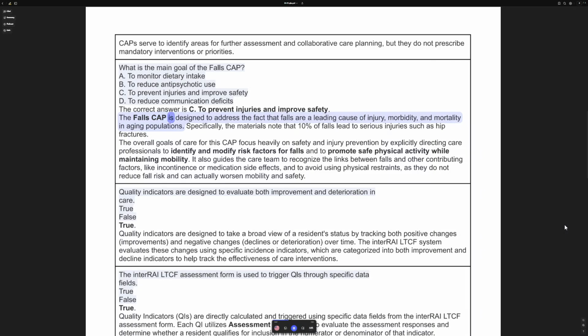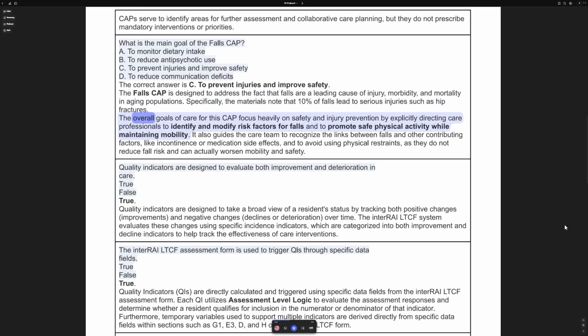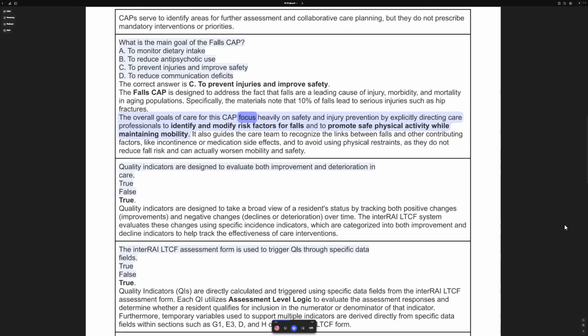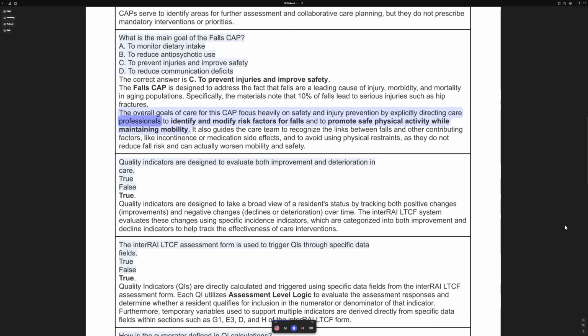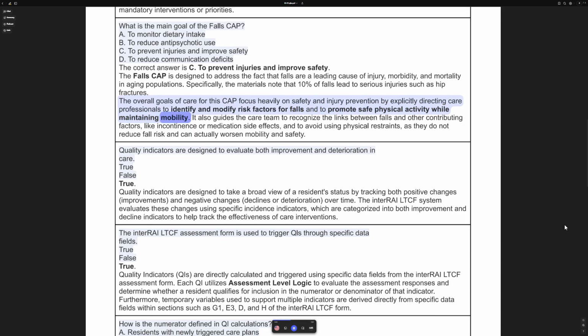The FALLS CAP is designed to address the fact that falls are a leading cause of injury, morbidity, and mortality in aging populations. Specifically, the materials note that 10% of falls lead to serious injuries such as hip fractures. The overall goals of care for this CAP focus heavily on safety and injury prevention by explicitly directing care professionals to identify and modify risk factors for falls and to promote safe physical activity while maintaining mobility.